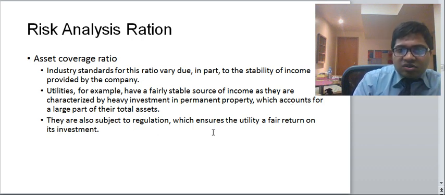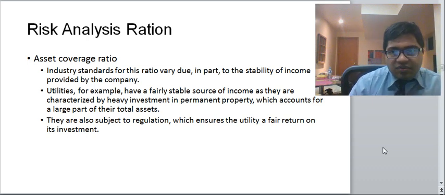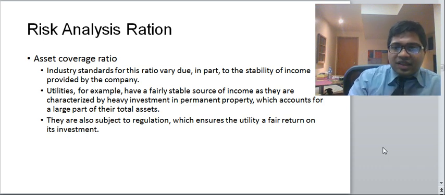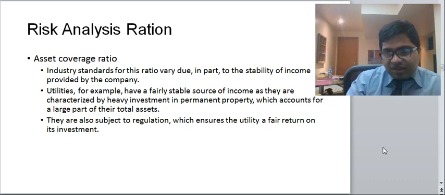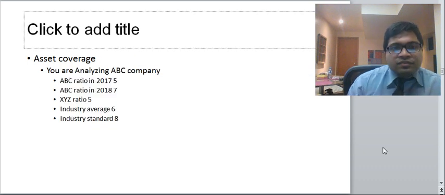They are also subject to regulation, which ensures utility a fair return on investment. So this ratio is different from industry to industry, but industries that have stable source of income can even get away with lower asset coverage. But when the source of income is not very stable, then you need to have better asset coverage.